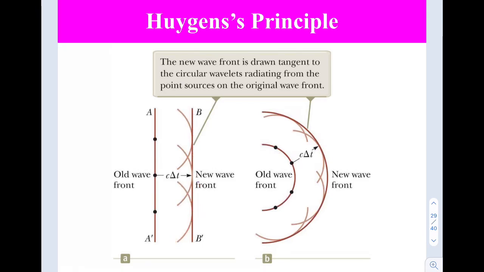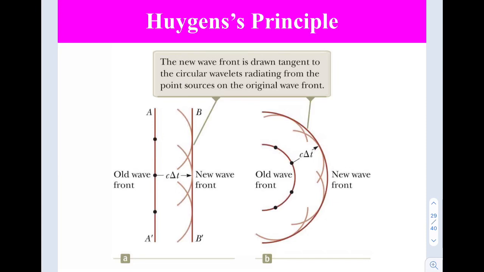The tangent line to the spherical wavelets, represented by B to P prime here, is the new wavefront from the old wavefront here. It propagates in that manner based on Huygens principle. This is for a plane wave.